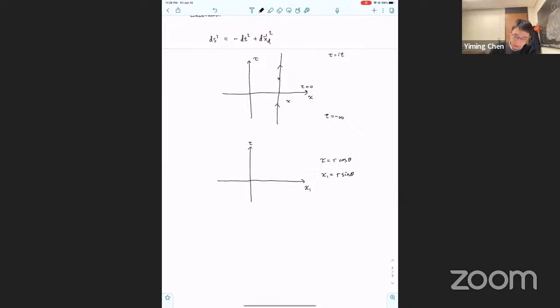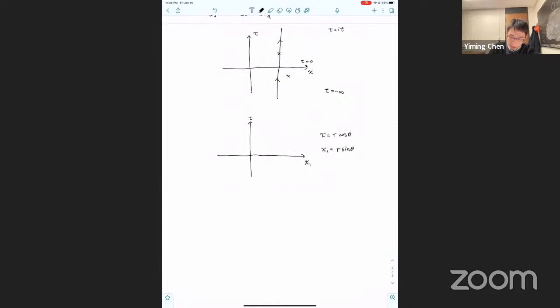So this is just the standard polar coordinate, where r is the radial direction, while theta is the angle direction. And we slice the spacetime according to the constant theta slices, which means that we slice the spacetime like this. Okay, so each of these slices corresponds to a fixed value of theta.